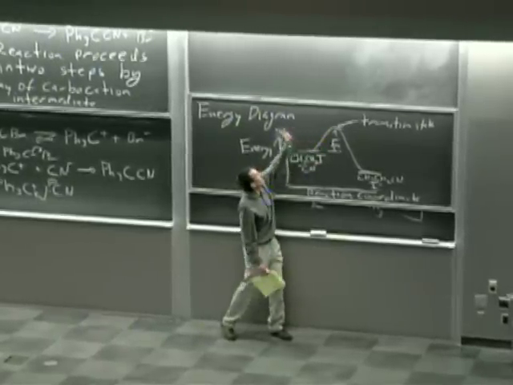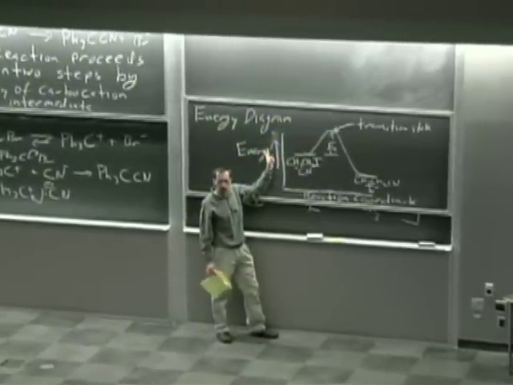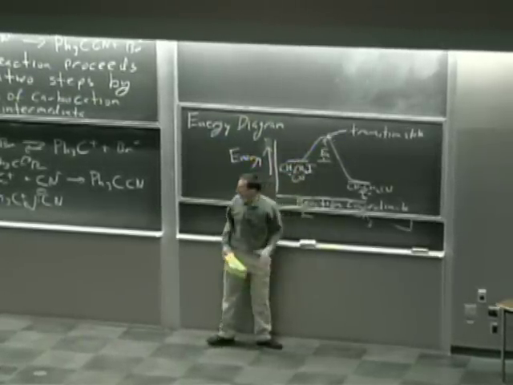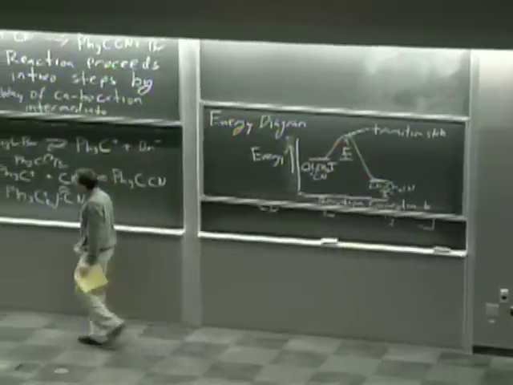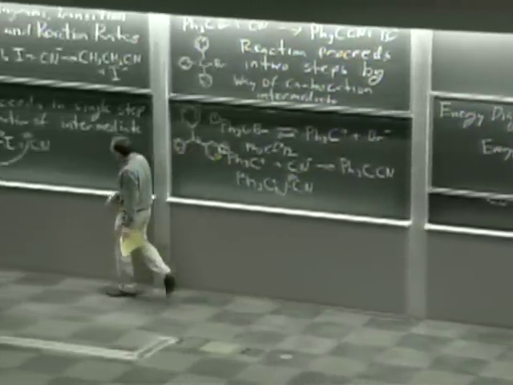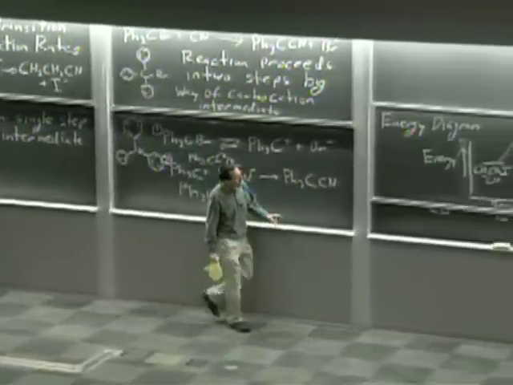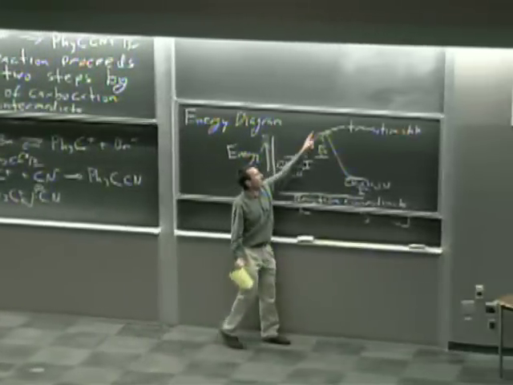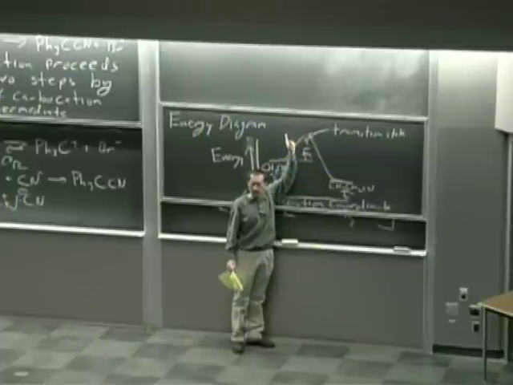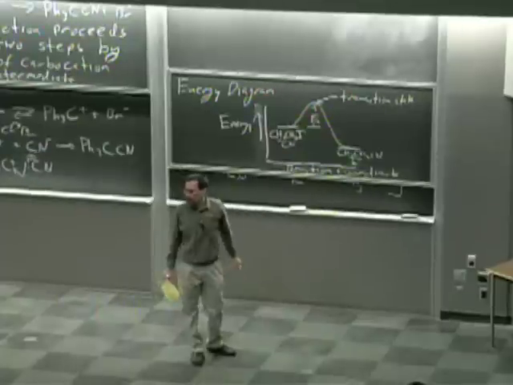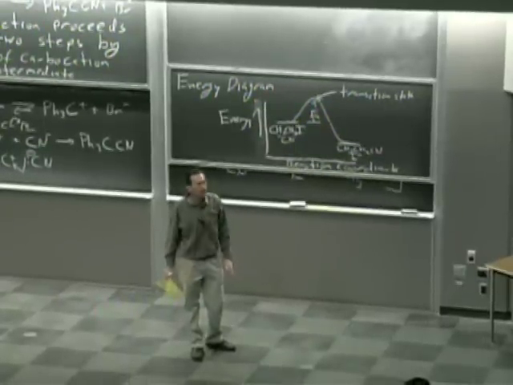If I did something and changed the structure of the molecule, for example, made a, let's say, a chloride instead of an iodide here, we might raise the activation energy. That means we're going to have to put in more energy to get over that energy barrier.